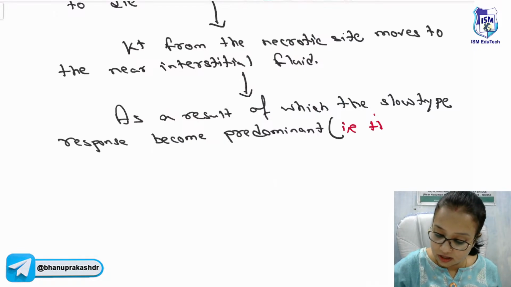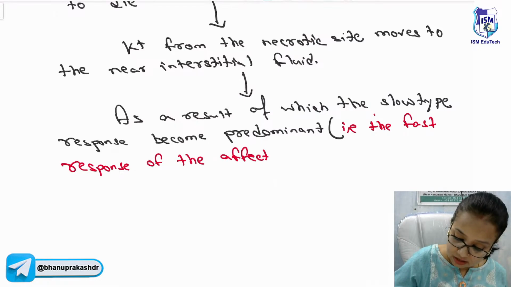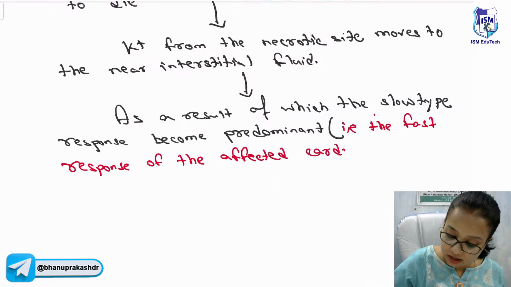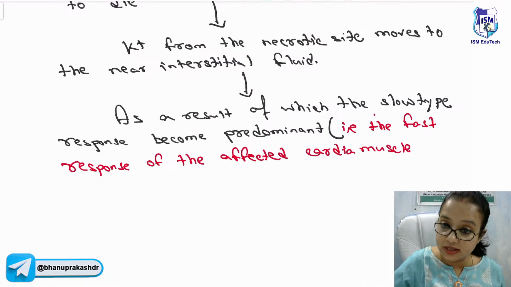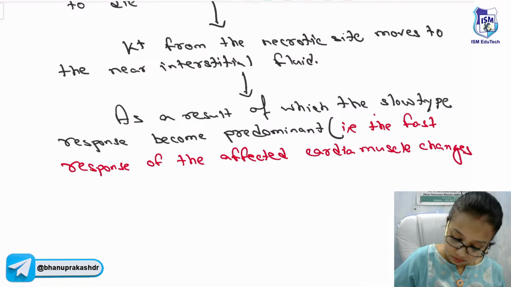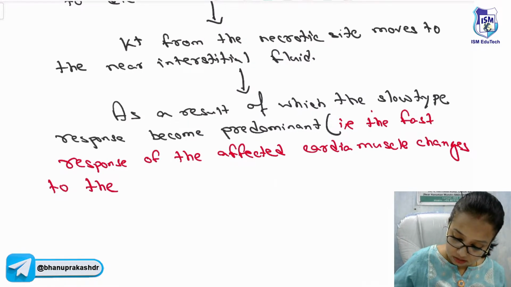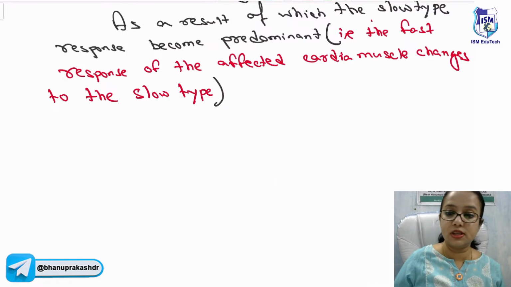That is the fast response of the affected cardiac muscle, because atrial, ventricle and Purkinje fiber shows the fast type of response of action potential, right? 0 to 4 phase. This muscle changes to the slow type because of the inadequate perfusion of the blood.